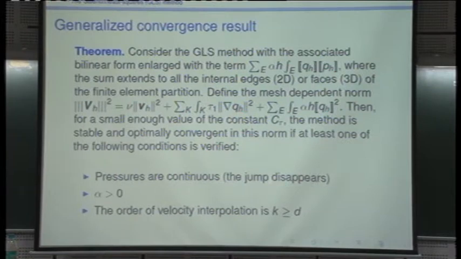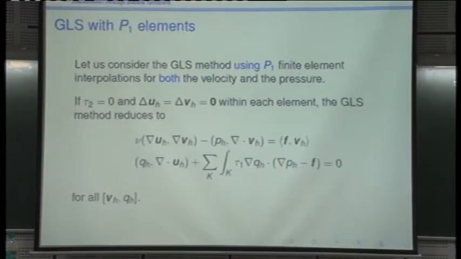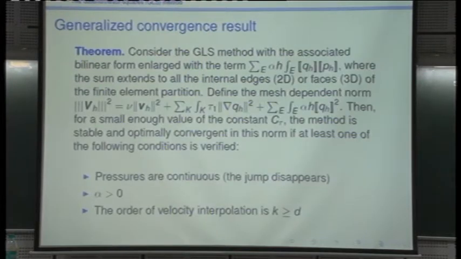Or, somewhat surprisingly, even if that term is equal to 0, the method happens to be stable if the interpolation order is higher than the space dimension. So if you have velocity interpolations of high order, then the method is convergent, even if this is equal to 0.